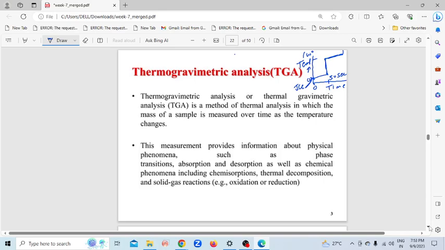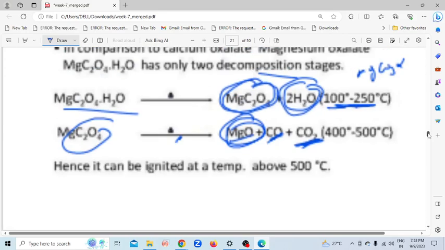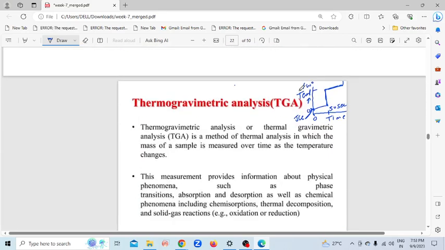DTG. TG is simple, na. TG means thermogravimetric. It is clear, I think. Mass loss. It is clear, na. Then what is DTA?